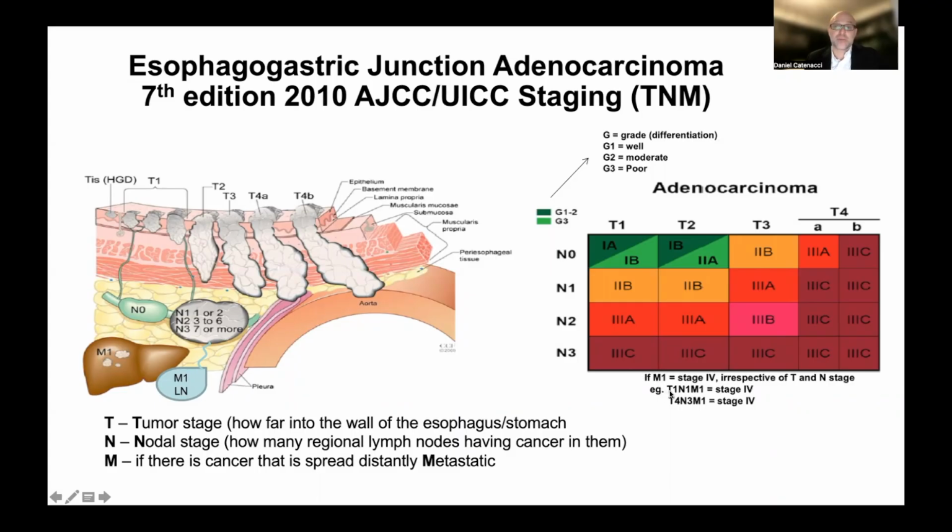So examples could be, you can have a relatively localized cancer in the primary tumor, T1, N0 or N1, but if there's metastatic disease, it still equals stage 4 disease. Conversely, if you have a very locally advanced cancer, T4, N3, the highest T stage, the highest N stage, and metastatic disease, then it's stage 4 disease. So stage 4 sites trump what's going on in the T stage and N stage.